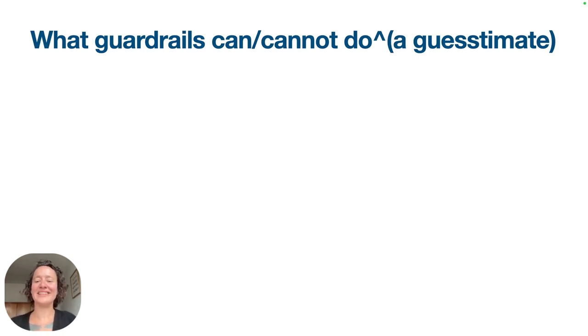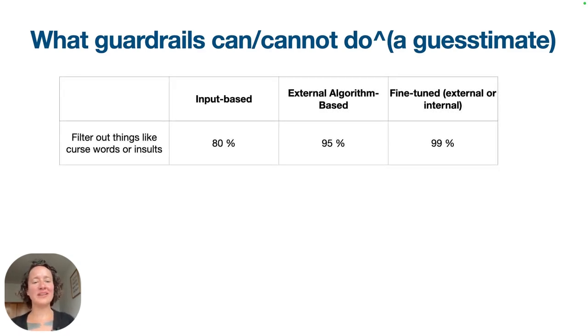They're not the amount of attacks that exist in reality, right? So let's do a quick back of the napkin comparison. Input-based, so software-based, external algorithm-based versus fine-tuned. It's either fine-tuned using your own models or fine-tuned within the alignment step.